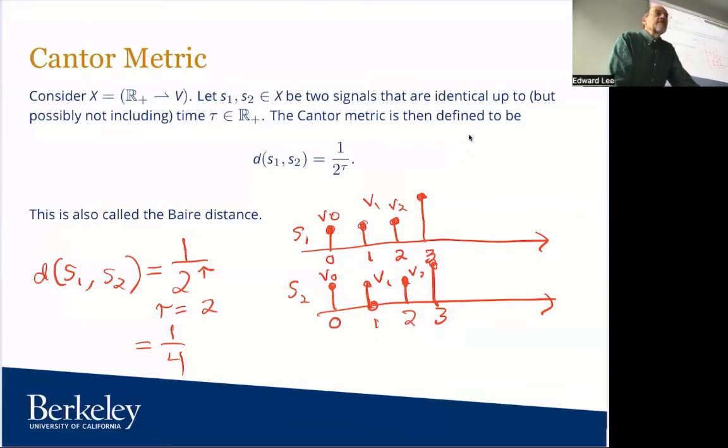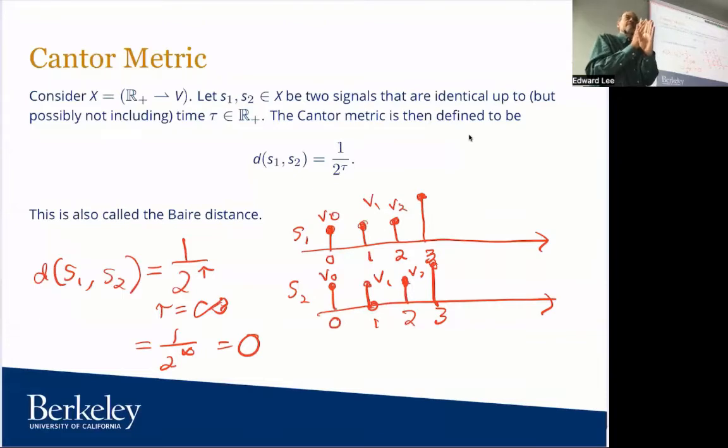What's the earliest time at which they differ? Well, we define that to be infinity. So now the distance between them, the tau, is infinity. And 1 over 2 to the infinity is 0. So the distance between two identical signals is 0. That's reassuring, right? That's the identity of indiscernibles.